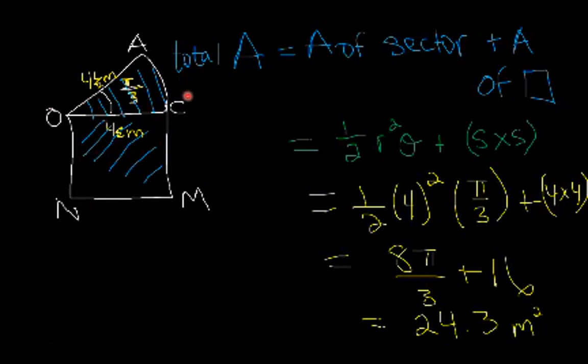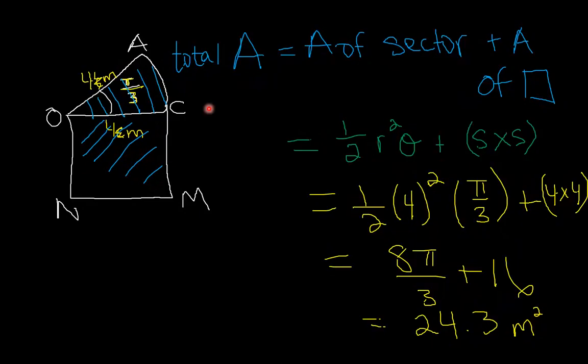However, you can divide it into a sector on top here and a square at the bottom here. Because you know how to find the area of a sector and the area of a square, by adding them you'll be able to find the total area. You understand that? Yes, miss. Okay.